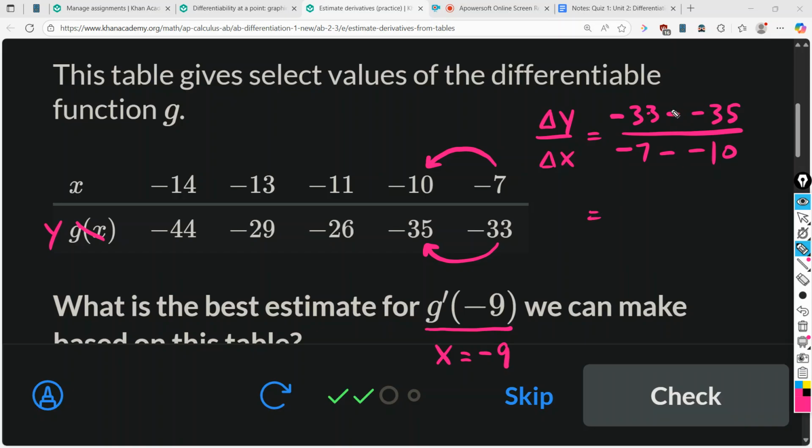Two negatives in a row make it positive. All right, 35 minus 33 is 2. Two negatives in a row make it positive. 10 minus 7 is 3. And that's it. 2/3 is the best estimate.